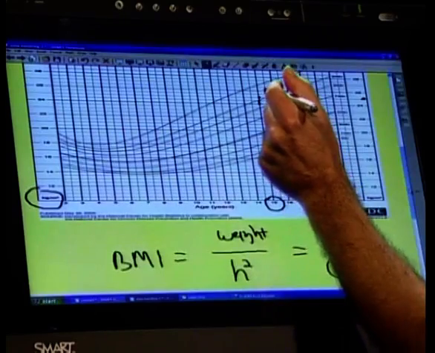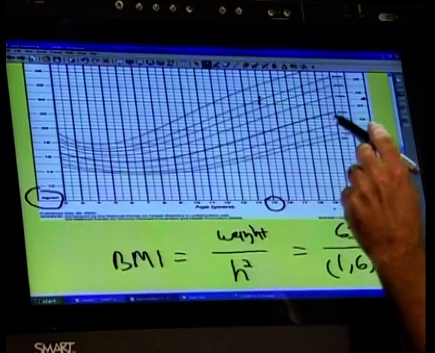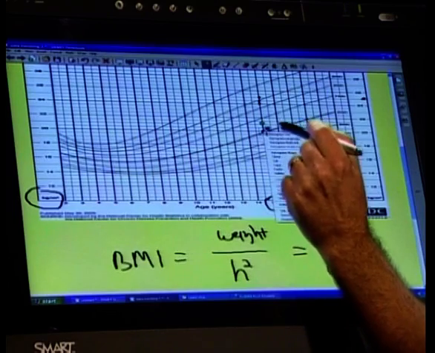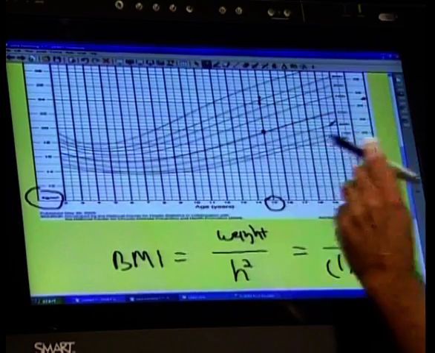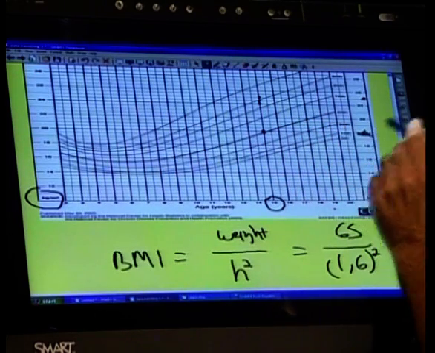Well, it's clear from the chart. I'm above the median. That means I'm above average in relation to the population. If I looked at the median BMI for a 15-year-old, that would be the point over here, and reading across, that means I would fall within a BMI of 20. So my BMI of 25 is above average for a 15-year-old.